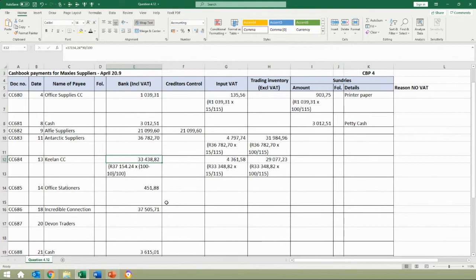What a lot of students tend to do when they don't read properly in a test is forget to apply the discount, or the question would already say the amount is after the discount has been included, and then they go put discount on an amount that has already included discount. So you need to read carefully whether it's an amount before or after the trade discount has been taken into account.